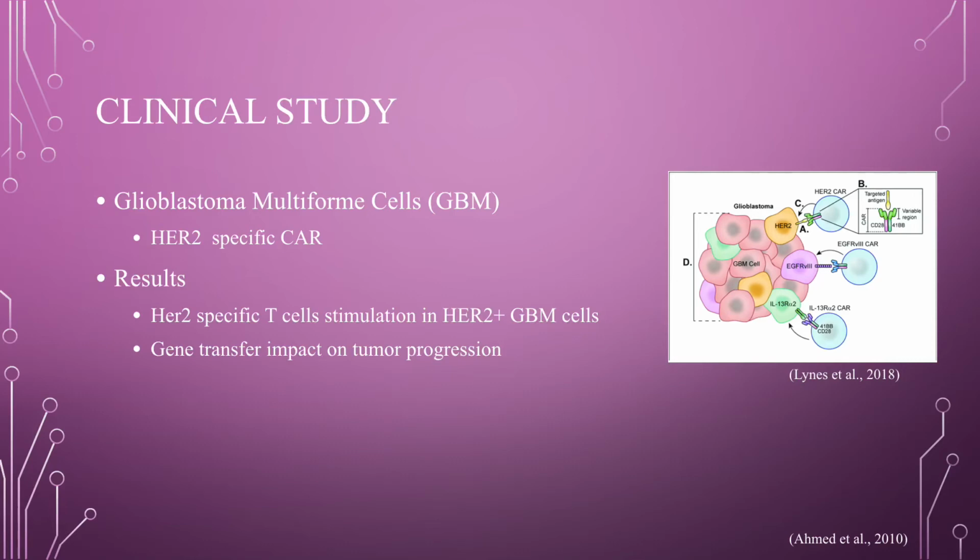These results conclude that gene transfer for the generation of HER2-specific T cells from GBM patients could be promising for anti-tumoral activity against tumors with HER2-positive receptors. This could also be effective for GBM stem cells, resulting in the immunotherapy treatment of HER2 redirecting T cells for GBM patients.